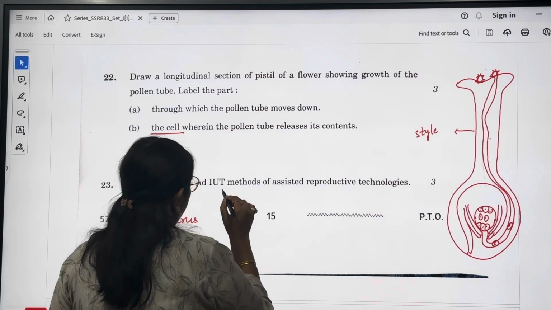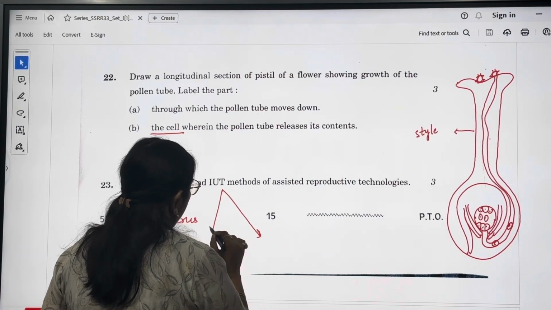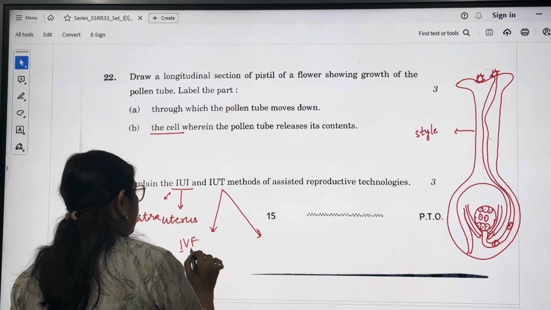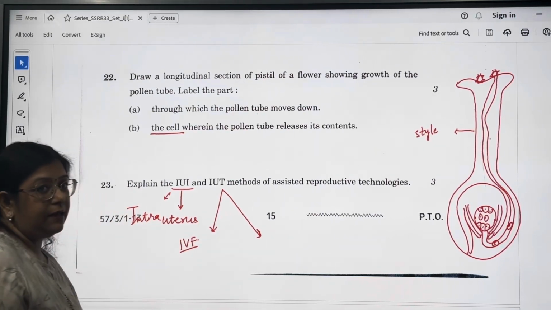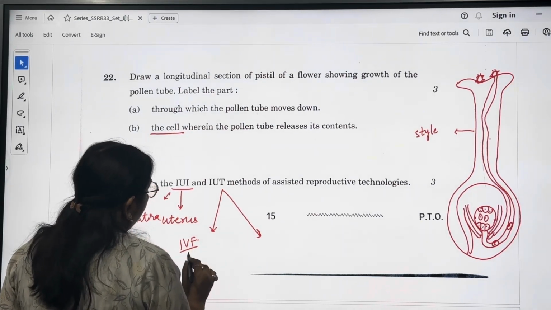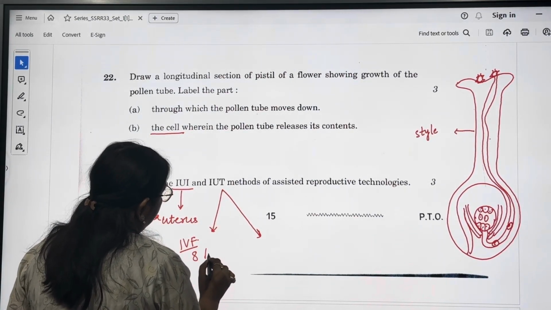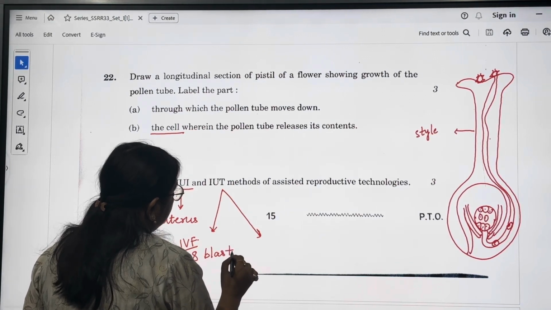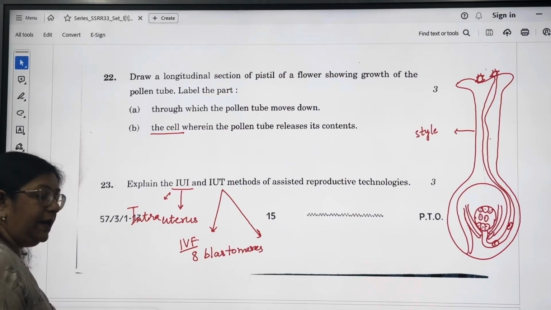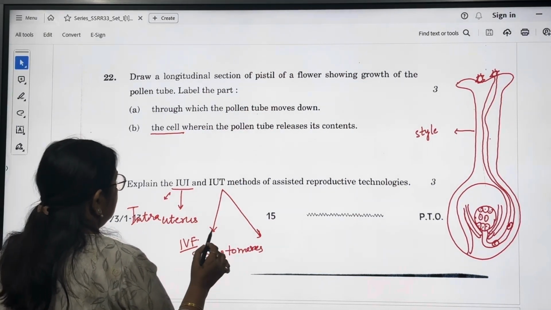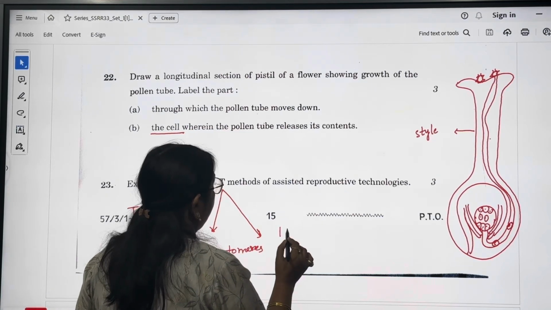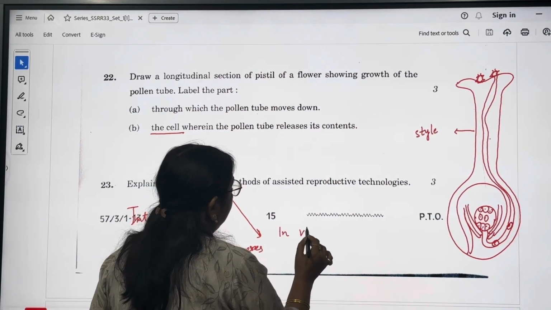And IUT, it can be of 2 types. During the IVF, the fertilization takes place out of the body, and when the embryo has 8 blastomeres, then it is introduced into the uterus. And during the in vivo fertilization also.